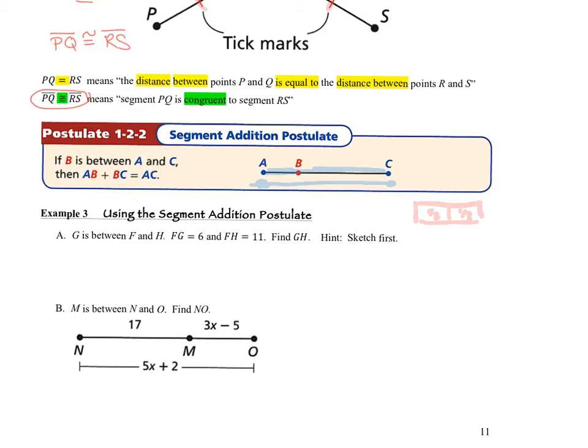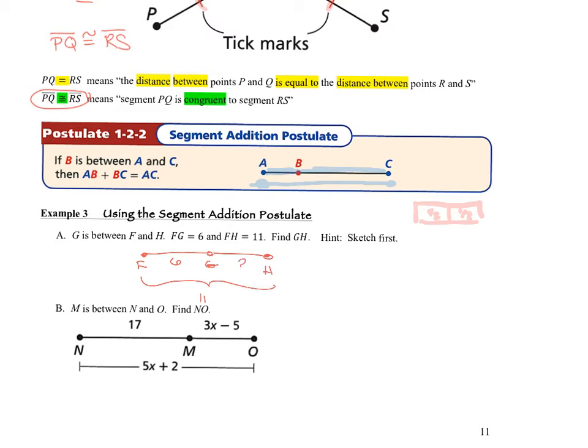So let's see what's happening. G is between F and H. So I'm just going to sketch this. G is somewhere in between F and H. This is not drawn to scale. FH, the total piece, is 11. FG is 6. So we want to find GH. This is G. Don't want you mixed up with the 6.